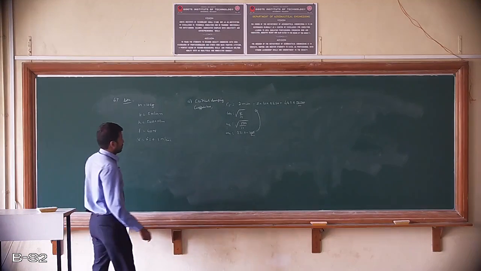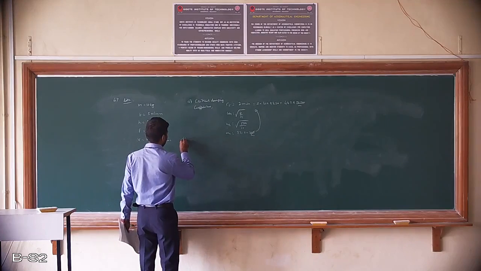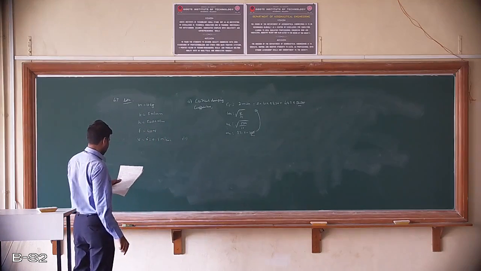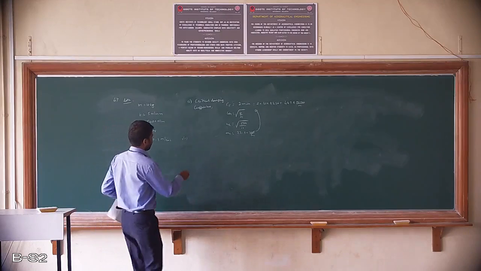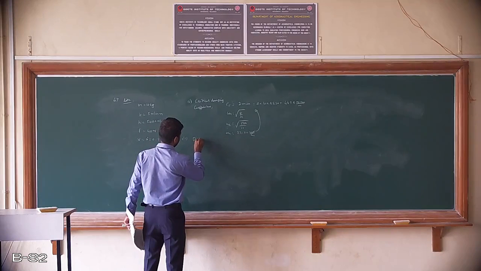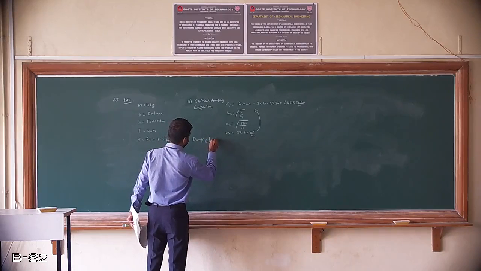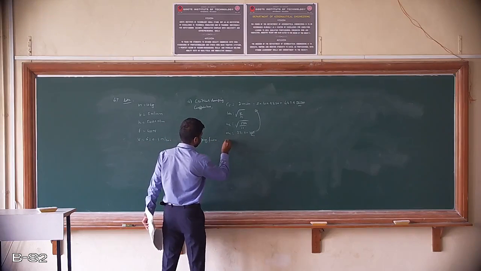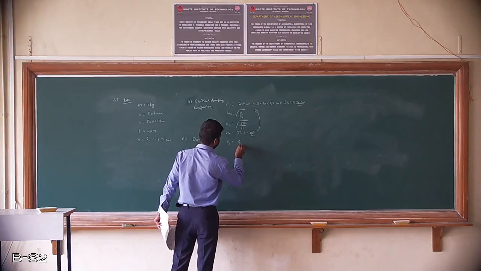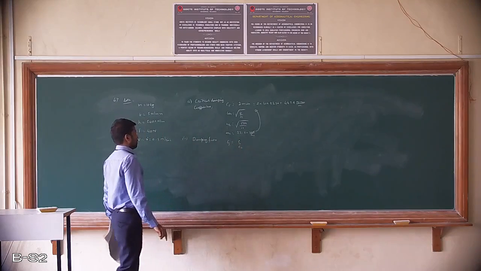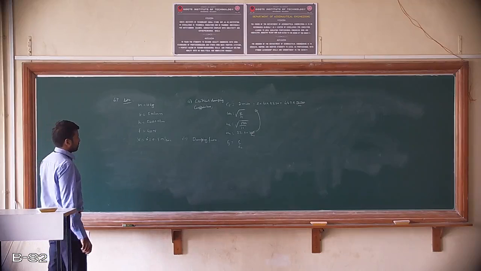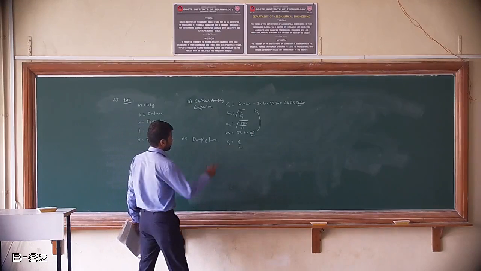Next, let us go for the second one. What is asked in the second question? They have asked us to find out the damping factor. So damping factor is given by zeta and it is nothing but C by Cc. The value of C they have not given and Cc we have found out.